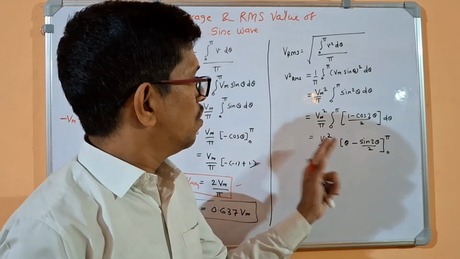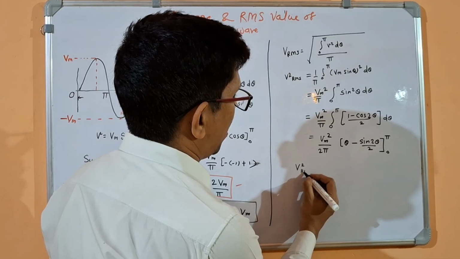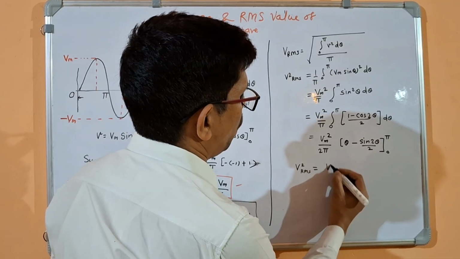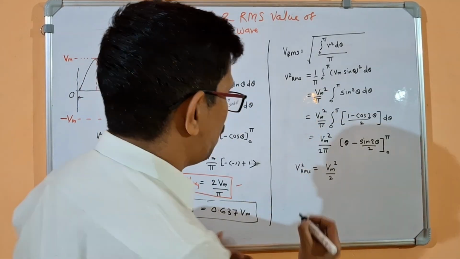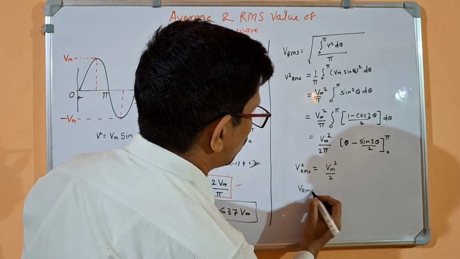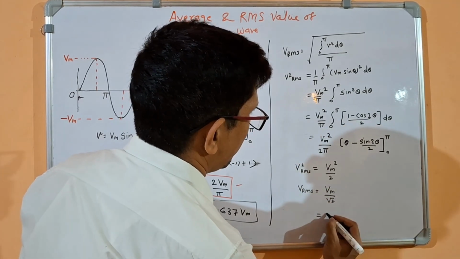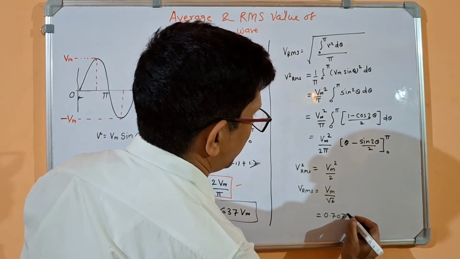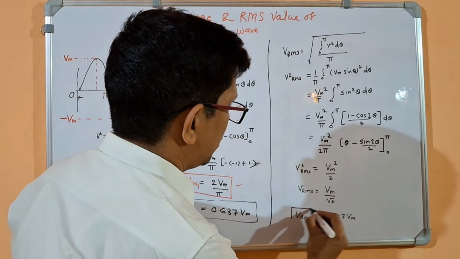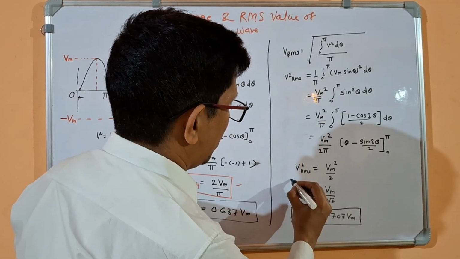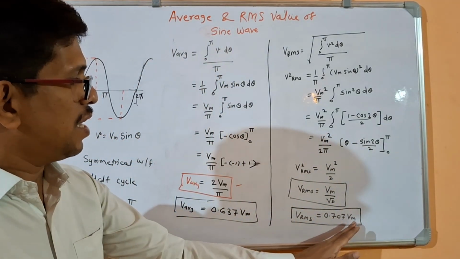Okay, so by solving further, at the end we get V square RMS is equal to Vm square by 2, and therefore V RMS is equal to Vm by root 2, or you can say 0.707 times Vm.